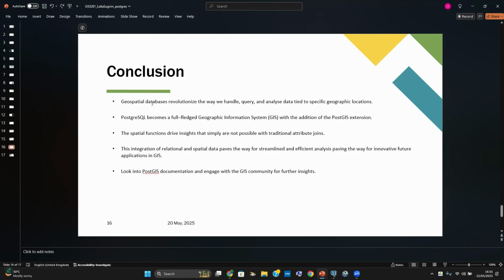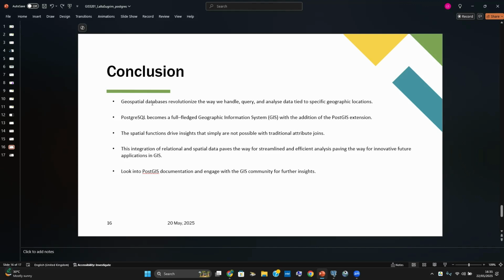Whether it is finding the total population residing at some distance from a subway station, like we looked at, or establishing which neighborhoods overlap a given coordinate or a given line, these spatial functions drive insights that simply aren't possible with traditional attribute joins.